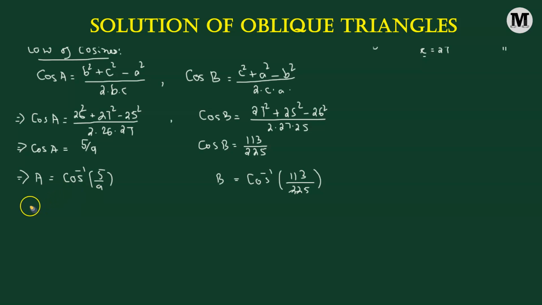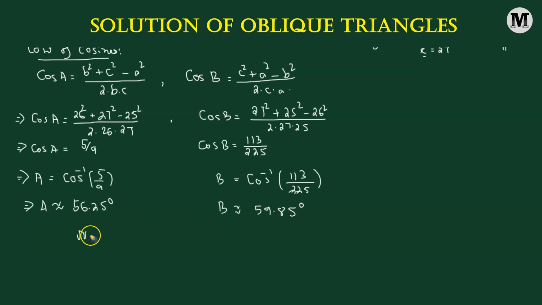Let's first compute the value of A. Plugging cosine inverse of 5/9 into a calculator gives us 56.25 degrees. And then B is going to be approximately 59.85 degrees.